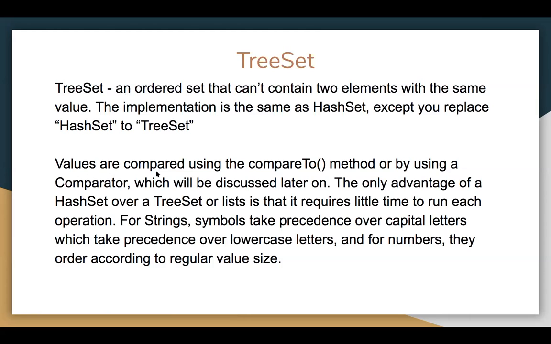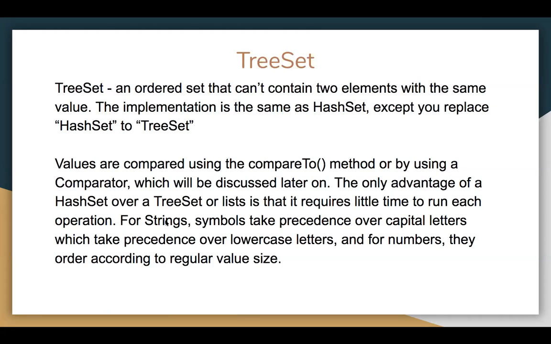Values are compared using the compareTo method or by using a comparator, which will be discussed later in Java 4. The only advantage of using a hash set over a tree set or lists is that it requires little time to run each operation, and by operation I mean methods.